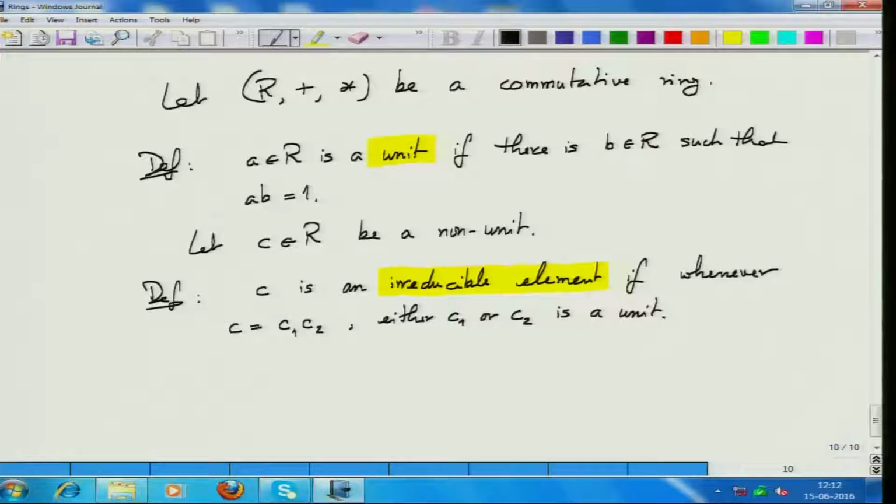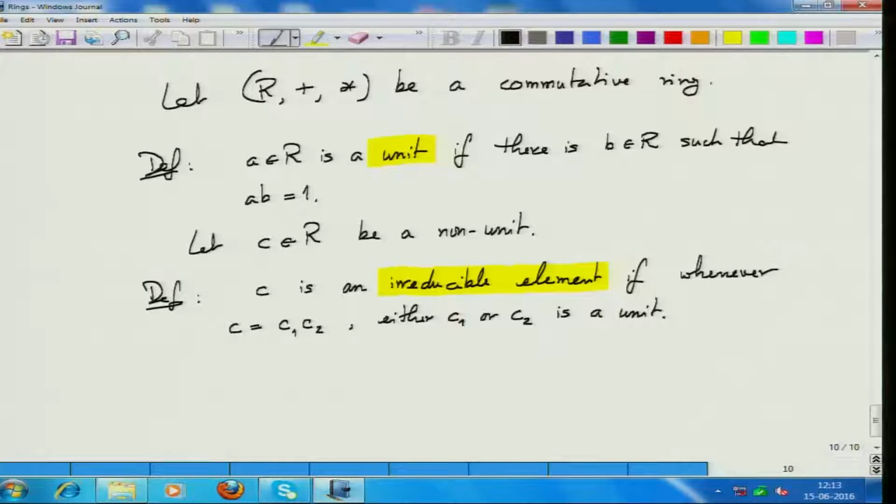Now notice two things which are different here in analogy with the integers. In integers, when we define a prime number, we say that whenever C is a prime, whenever I write C as C1 C2, then C1 or C2 is 1.